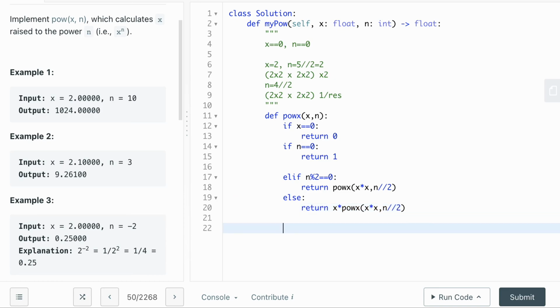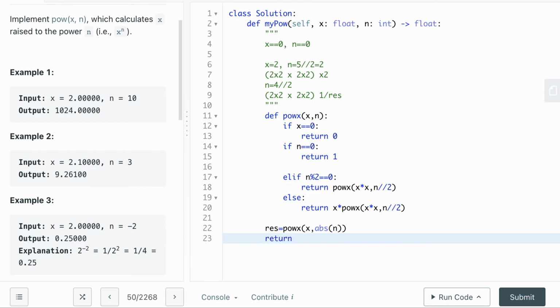And that's it for the function. So now I'm going to call the function. I'm going to assign a result, and call pow with x, and I'm going to pass a positive integer, even if it gives me a negative number. I'm going to do the condition check when I return the result.